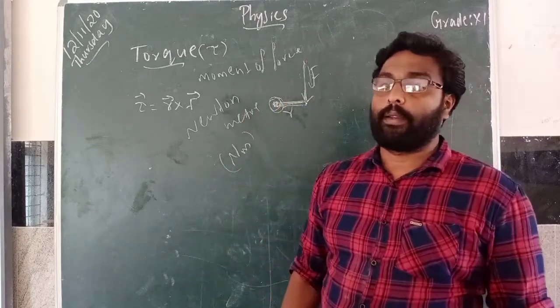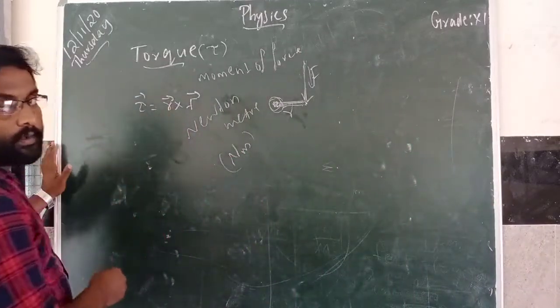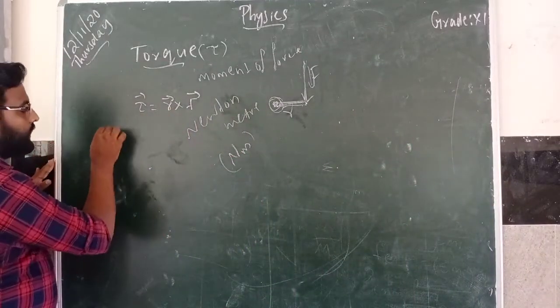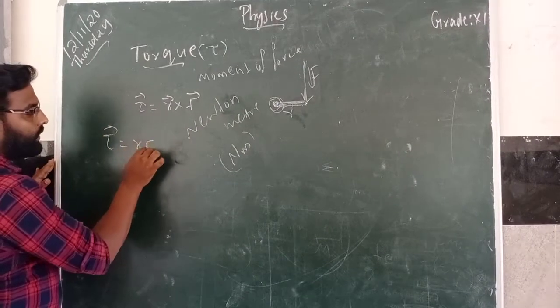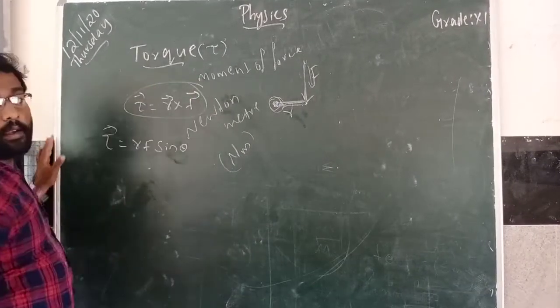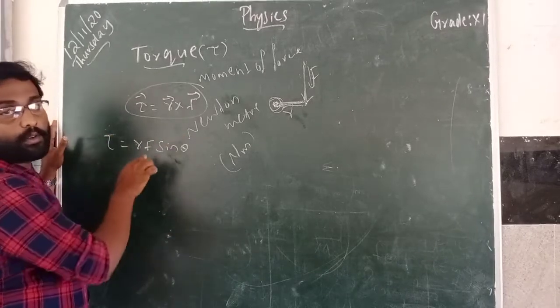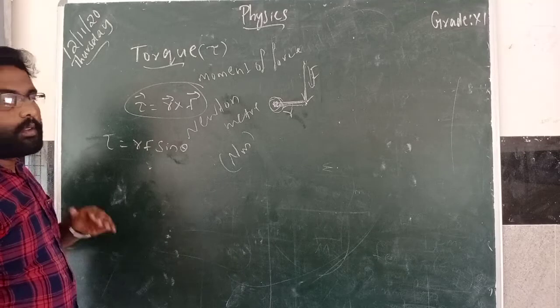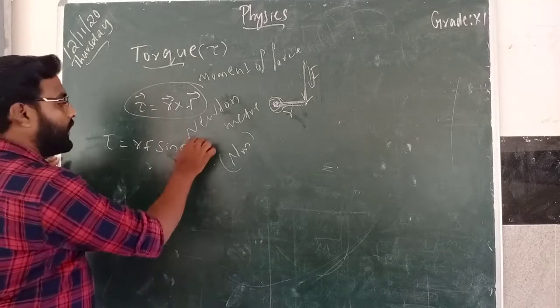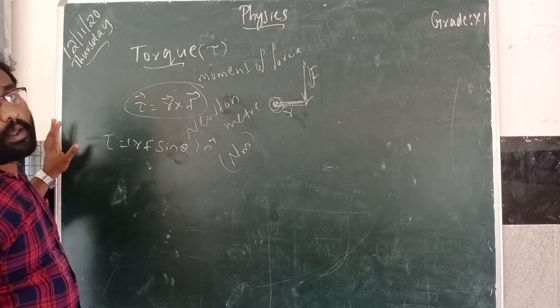And its magnitude: you can write torque is equal to RF sin theta. With direction it is the vector product; for magnitude only, torque is equal to RF sin theta. This is the formula.